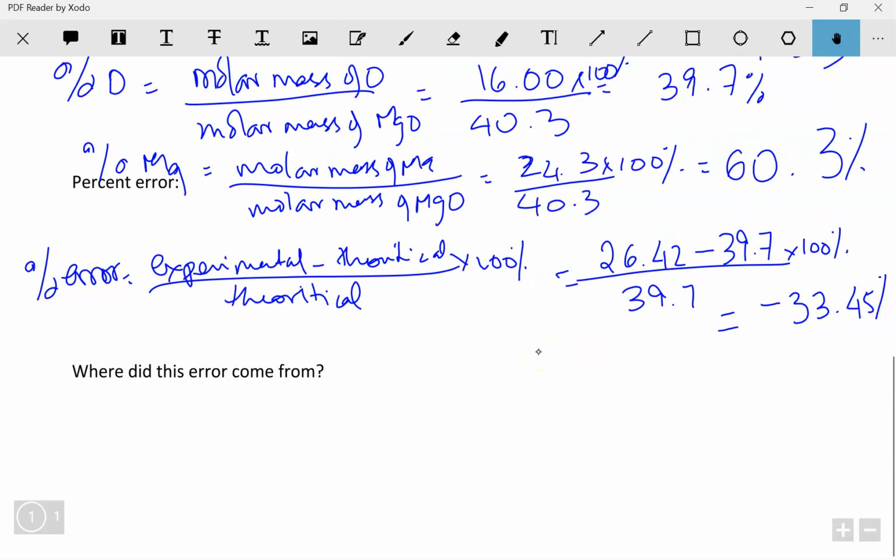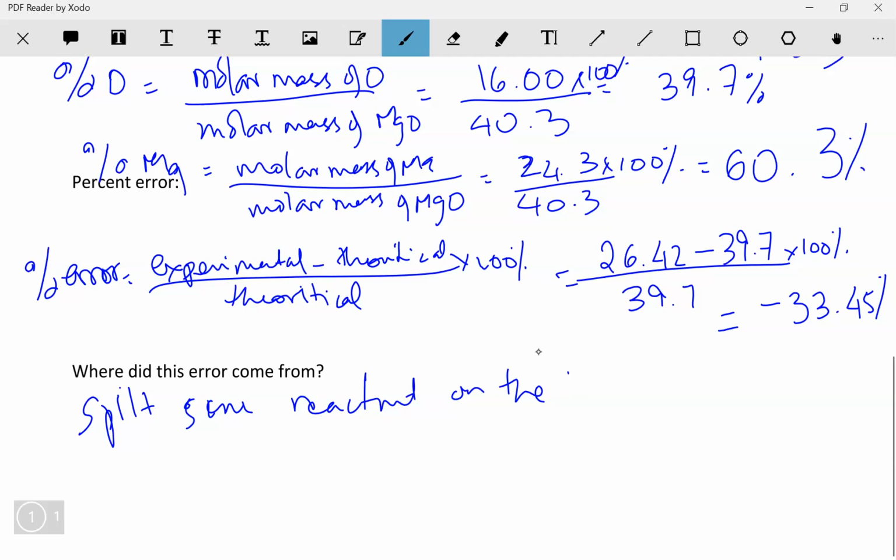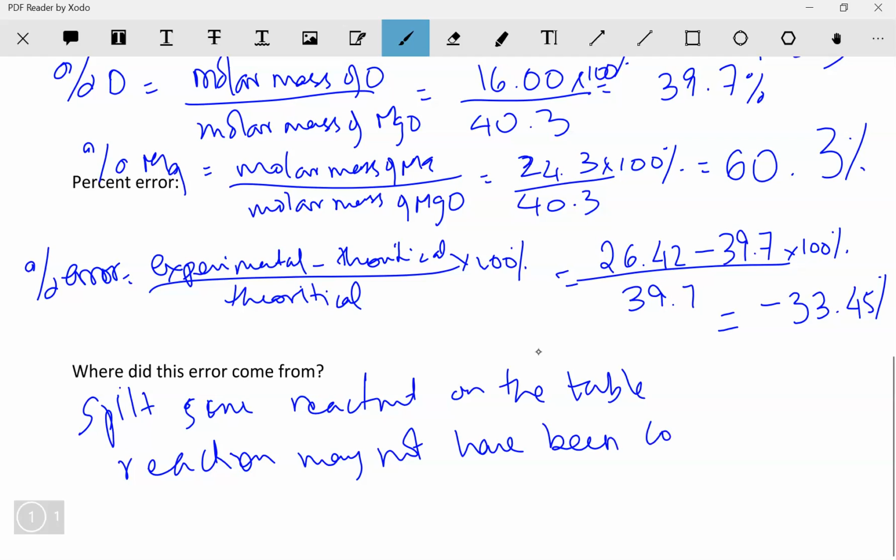So that was our percent error. Where did this error come from? We spilt some reactant on the table, or our reaction may not have been complete.